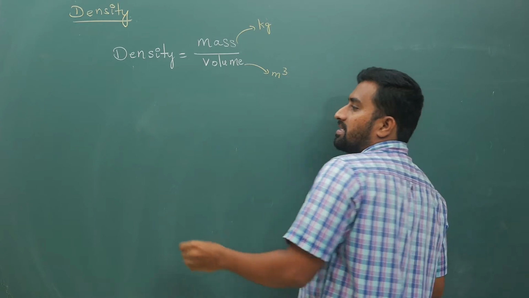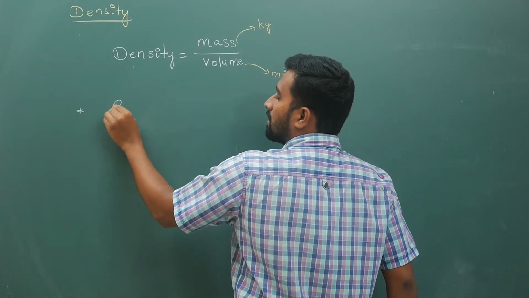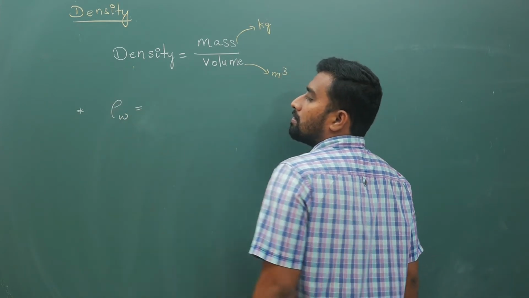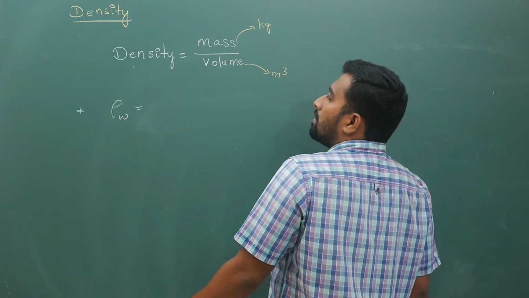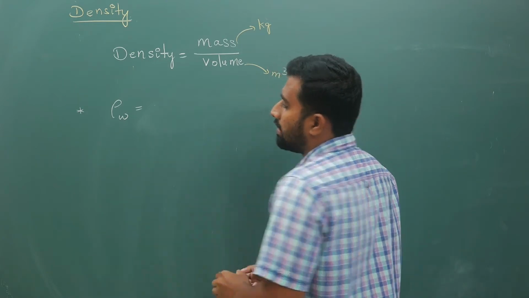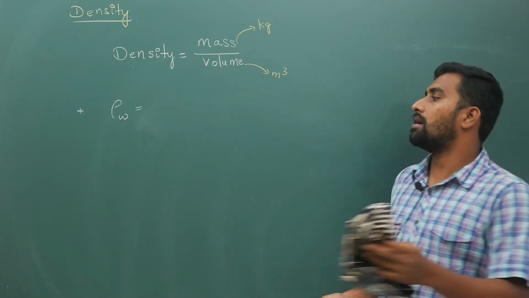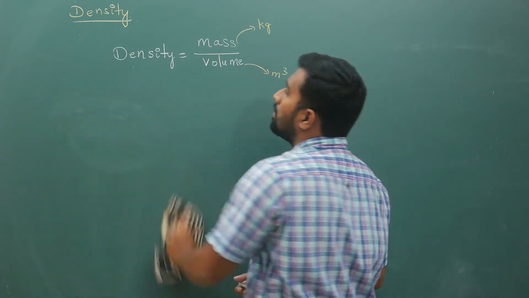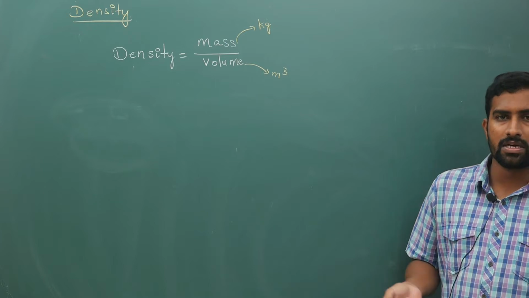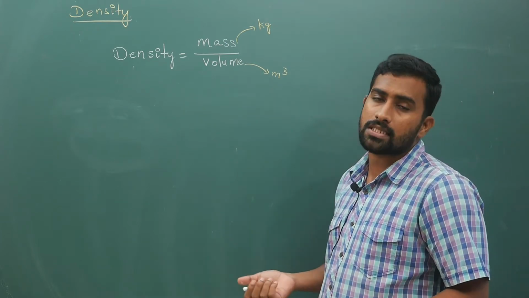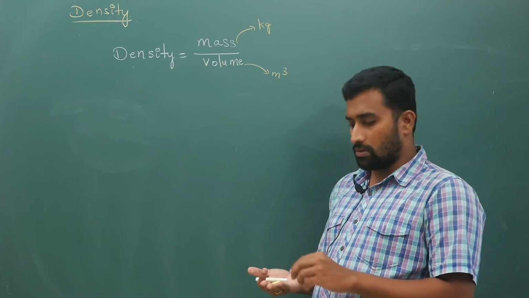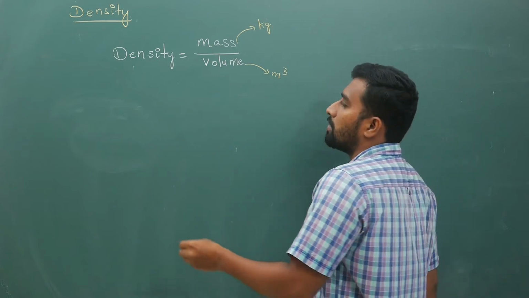Let's not talk about water as of now. First let me elaborate a little more about density. First units, because if you don't substitute proper units, the entire problem will go to waste. So units are also important.